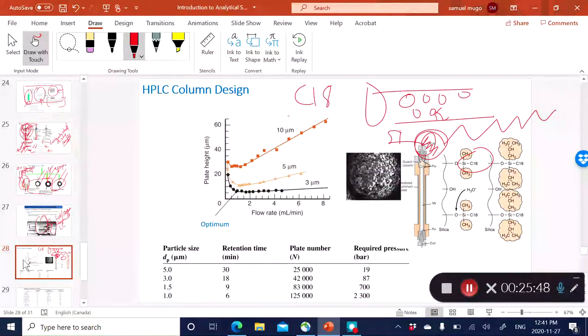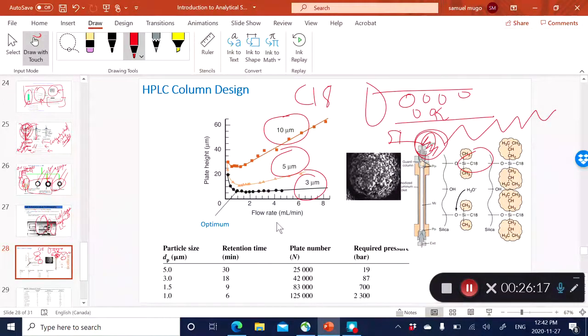Now, the beads can be 10 micron, 5 micron, or 3 micron. Ideally, you're going to see 3 micron has better performance, based on what you refer to as a Van Deemter plot, which I won't talk a lot about. The Van Deemter plot essentially profiles the height equivalent to a theoretical plate as a function of flow rate.